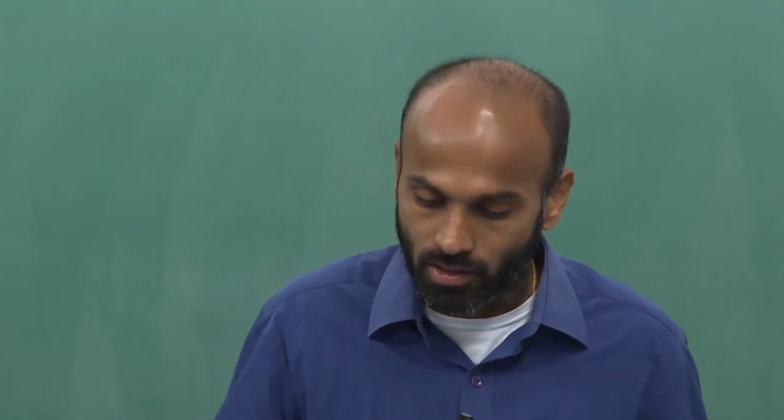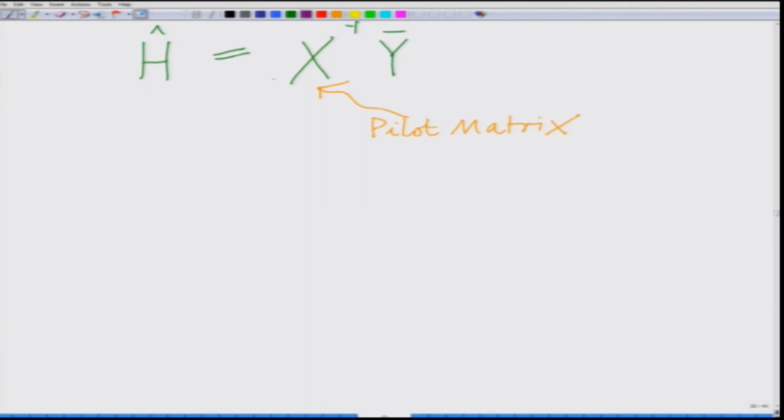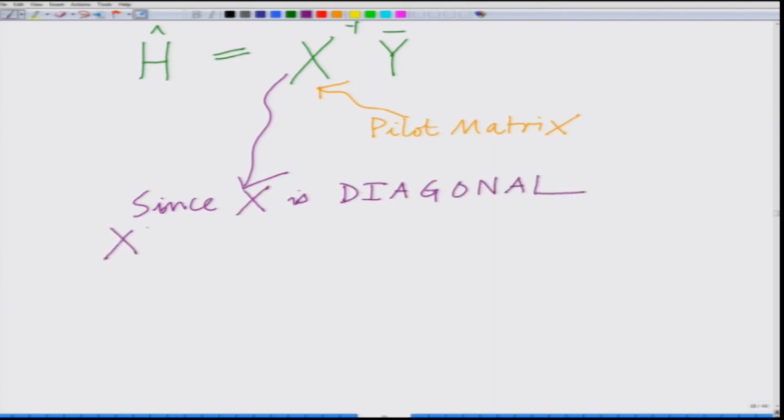Therefore, since X is diagonal, X inverse is easy to compute.